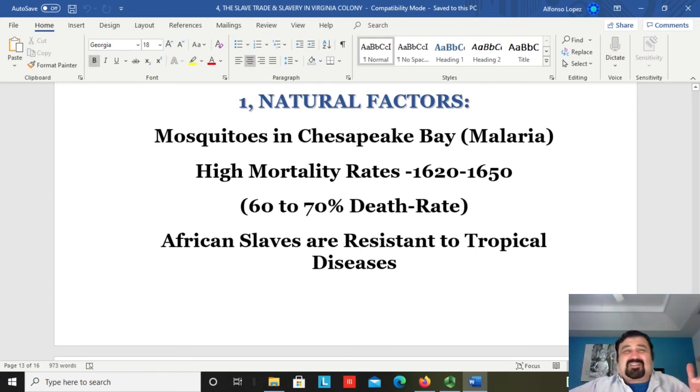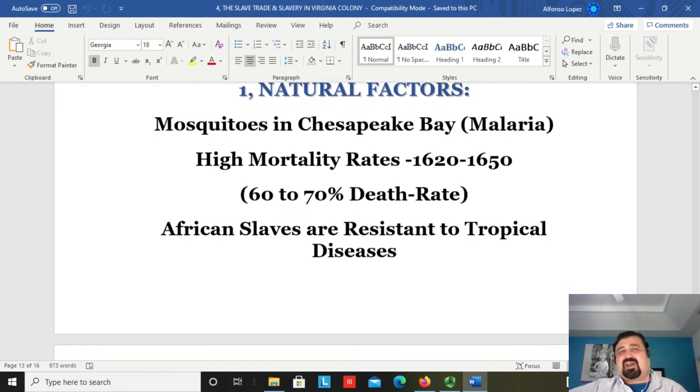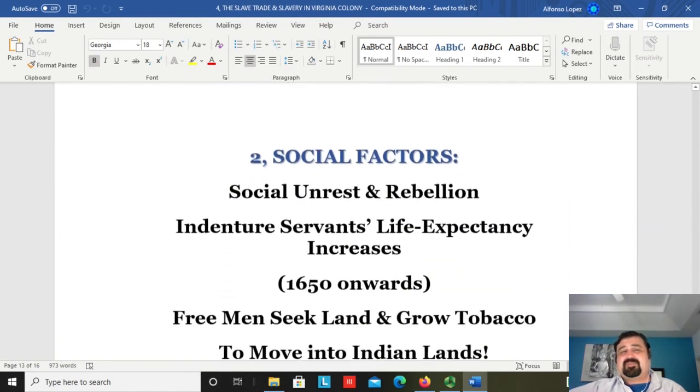So it's going to be very costly to simply replace it. Let's say in 1630, 1640, immediately discarding indentured servitude for African slaves. It's not going to be very wise financially to do so, because they're still very expensive at this point. So they're not going to make that change immediately.